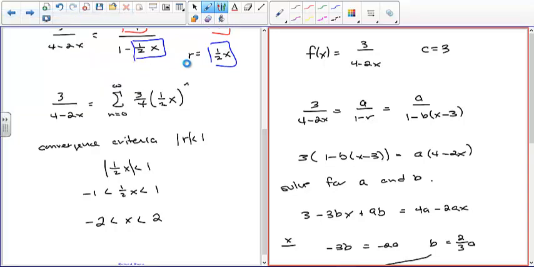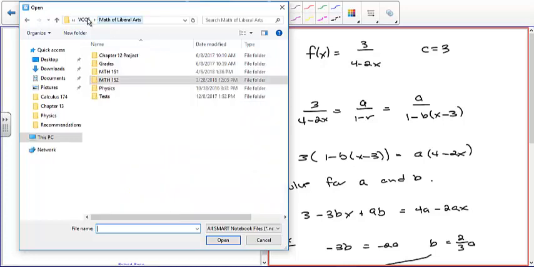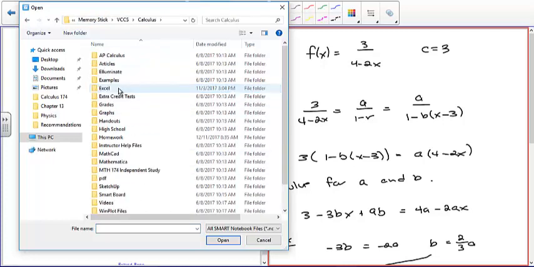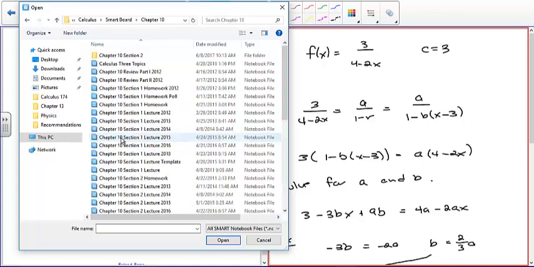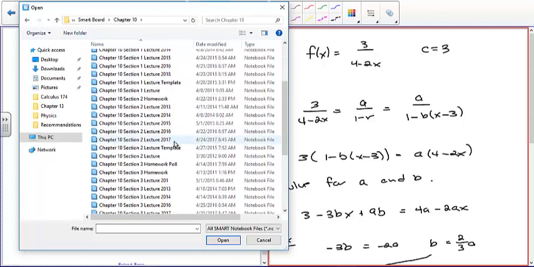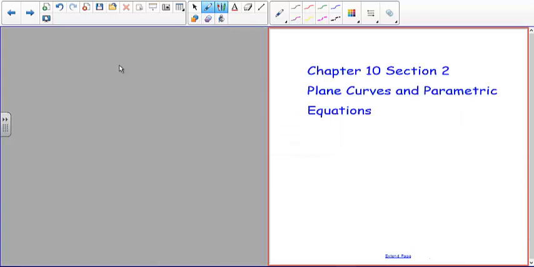So we're going to go back to section 10.2 now. So we're talking about parametric equations.